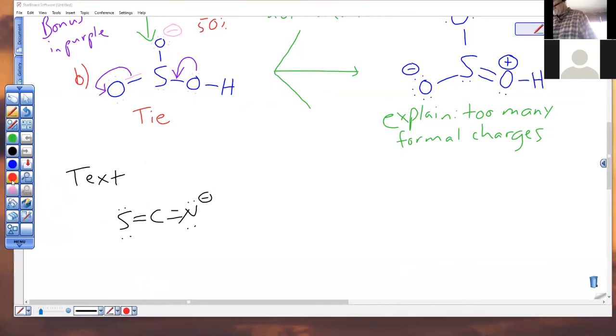And resonating away. This is for thiocyanate. Resonating away. It's going to spend a lot more time like this, not as exaggerated as the previous example. And this.